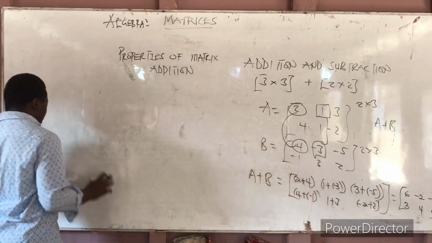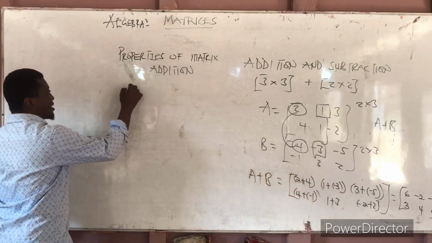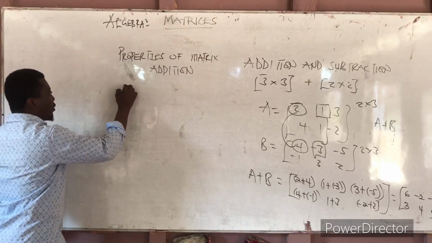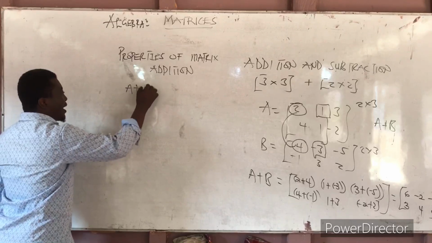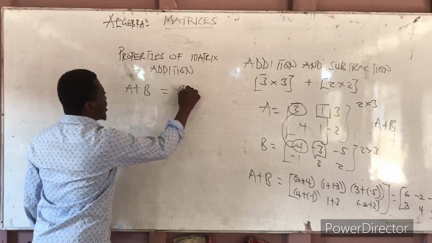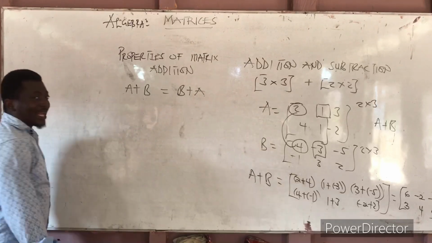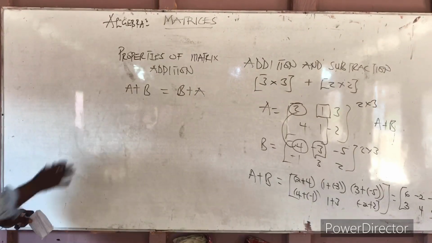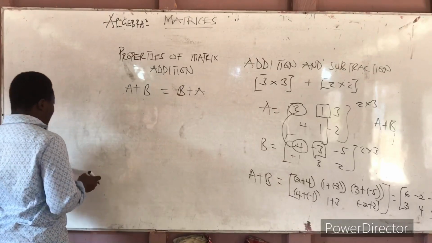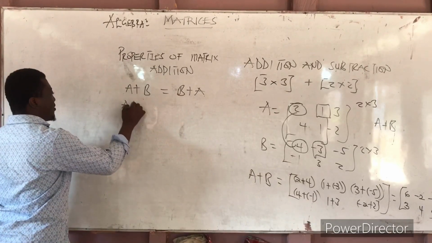One of the properties of matrix addition is commutativity. It means when you add matrix A to matrix B, it's the same as adding matrix B to matrix A. And it also exhibits associativity.